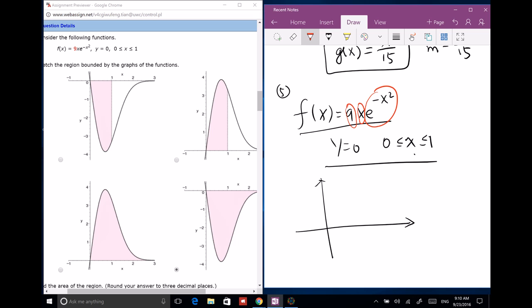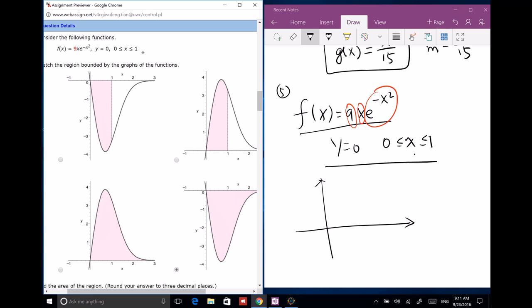So everything is positive, the whole thing should be positive. Does it make sense? So let's suppose the options are A, B, C, D like that. It's going to be either the top right or the bottom left, because these two give you negative values. The function has to be positive.